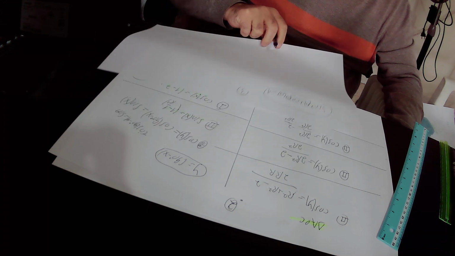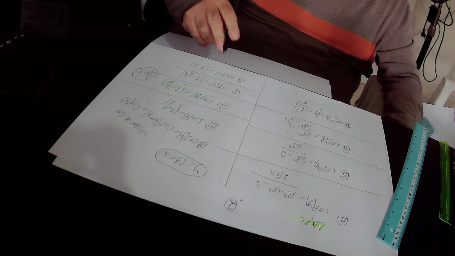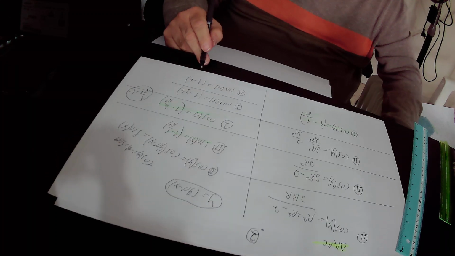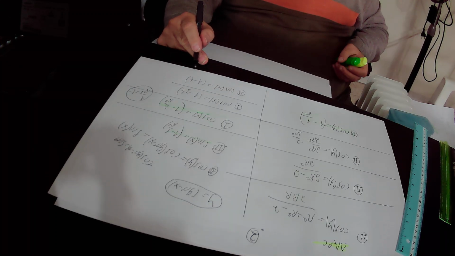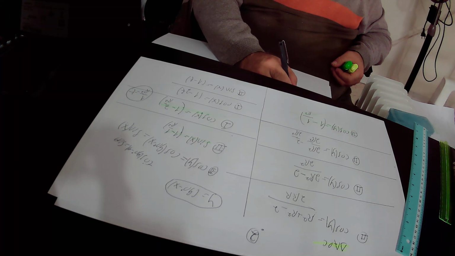So according to this identity, we have sine x equals 1 minus t, therefore sine squared x will be equal to (1 minus t) squared.